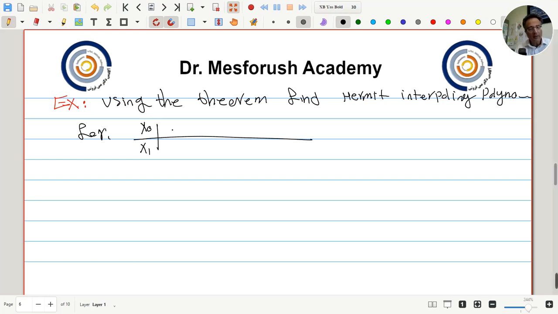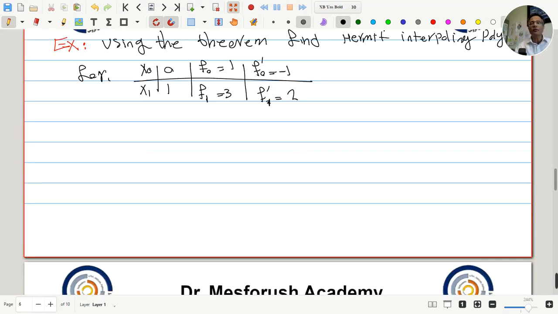Okay, x0 be 0, x1 be 1, and also f0 and f1 be equal to 1 and 3, and also consider f prime of 0 be minus 1 and f prime of 1, f prime 1 will be 2. Okay, I want to find the Hermite interpolating polynomial.